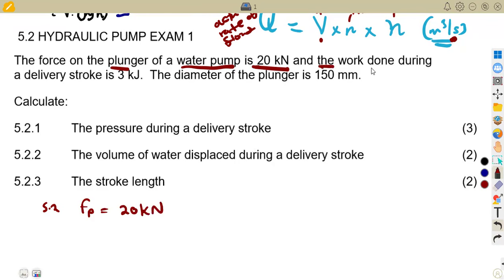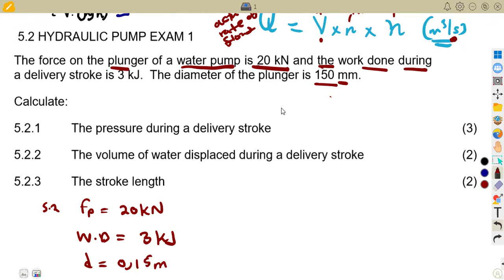And the work done during a delivery stroke is given as 3 kilojoules. The diameter of the plunger is 150, divided by 1000. This is millimeters. That's 0.15 in meters. We're given the diameter of the plunger.